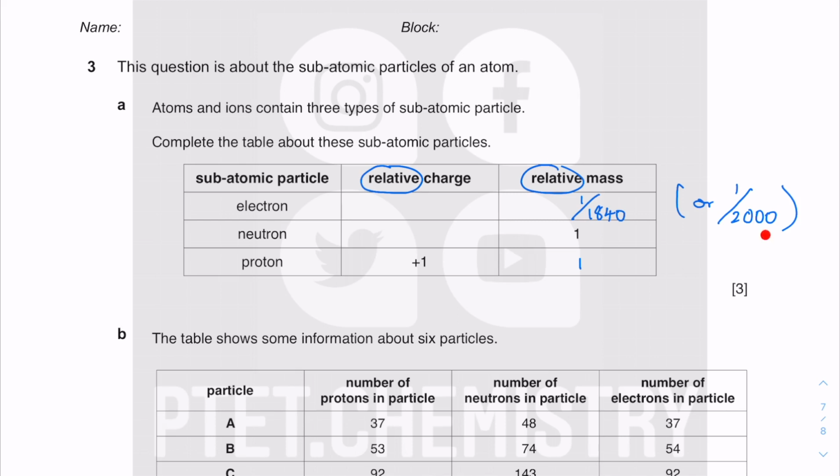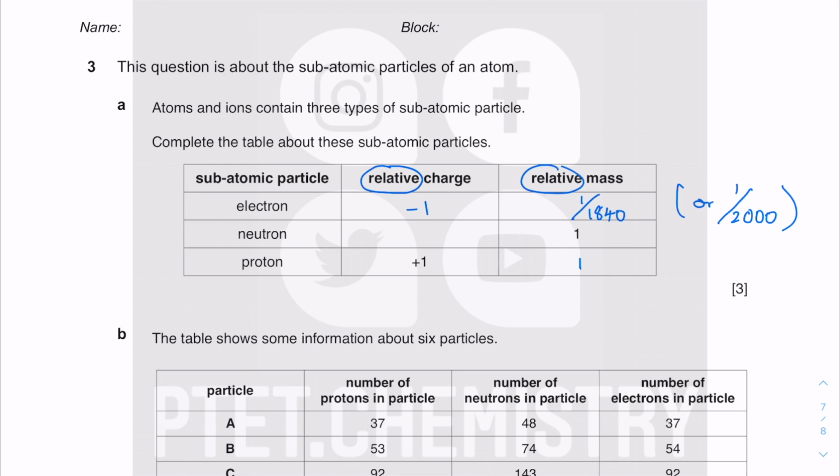This is a gross approximation. This is more exact, but sometimes it's a lot easier to remember one number than the other. But I would highly encourage you to remember this instead of just this. But both of these will give you a very small number. It's around 2000 times lighter compared to neutrons and protons. So protons have a +1 charge. Electron has a -1 charge.